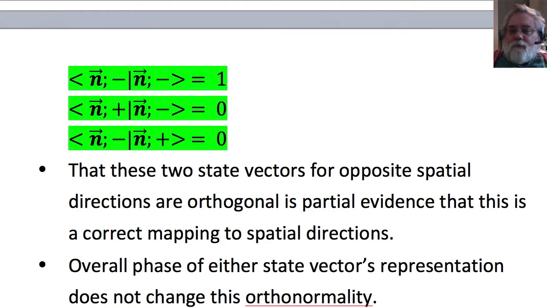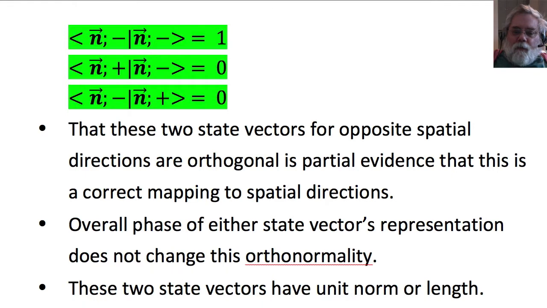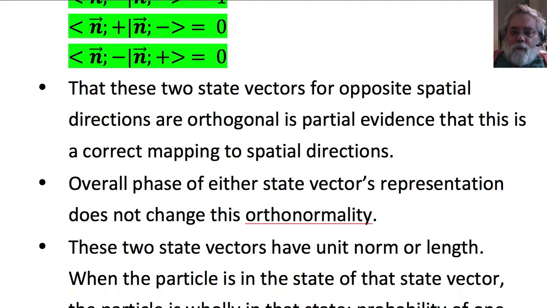It's necessary but not sufficient that those two representations be orthonormal. Now, overall phase of either state vector's representation does not change this orthonormality, and if that's not obvious to you, you could check it by adding an overall phase to one or the other and verifying orthonormality.